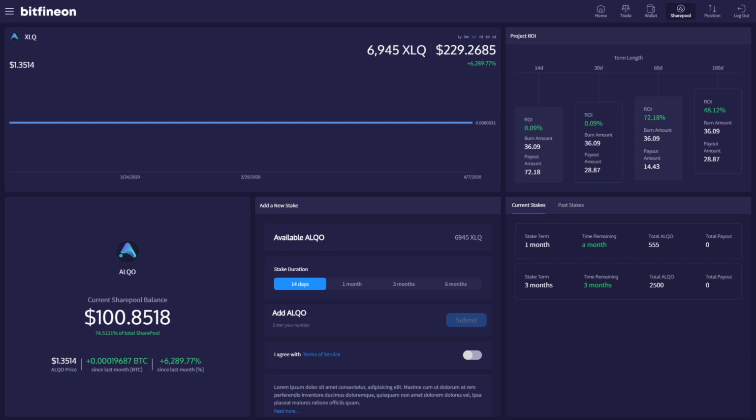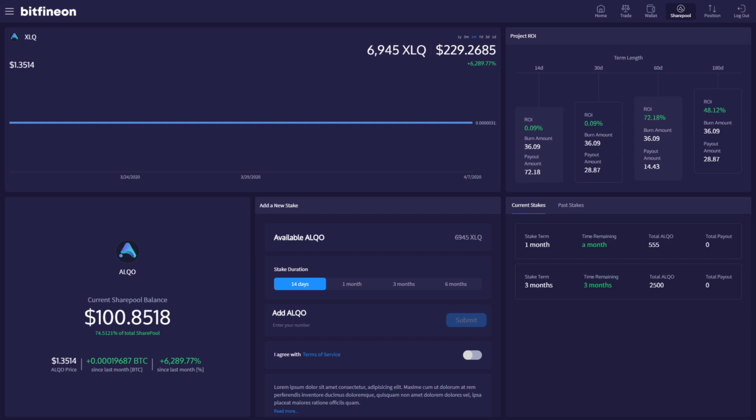I don't want to use words like investment, but you can take part in the share pool, and as our success on Bitfineon grows, you can expect to take part in that success, right, in payouts in XLQ, right? So let's walk through what a typical stake looks like.